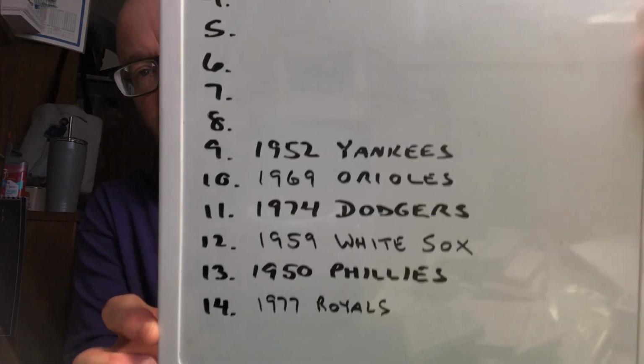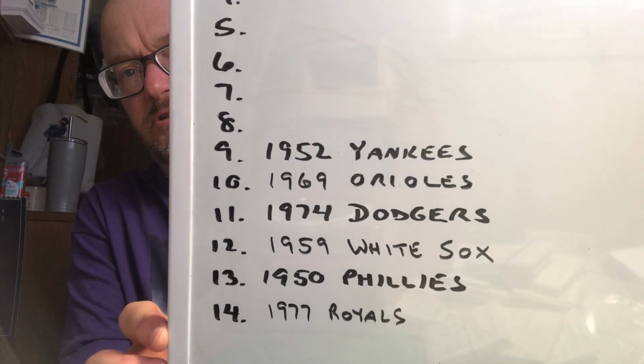They won 95 games in the 154-game season, and they were also right on their Pythagorean projection. It's a great team. So team number 9 is the 52 Yankees.